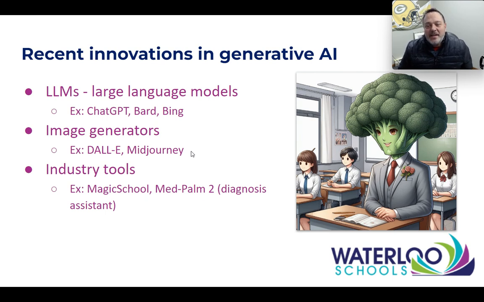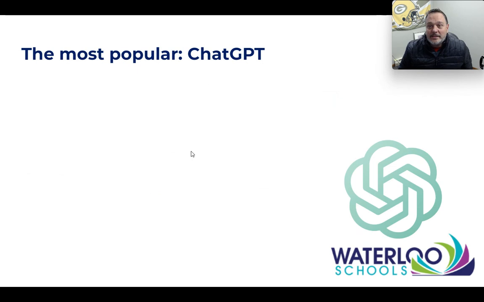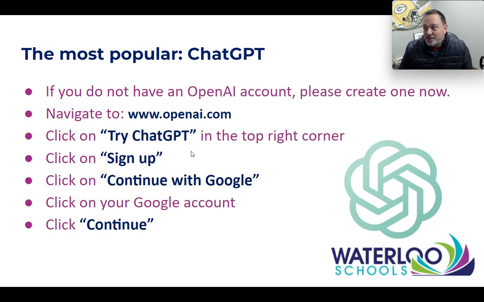And then there are industry tools being built on these technologies. In the world of education, there are all these tools coming out, and one of them that we'll look at is Magic School. There's a whole bunch of them. We'll get into that later, but it's really coming. Of course, one of the most popular ones is ChatGPT.